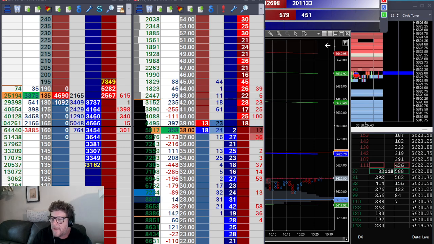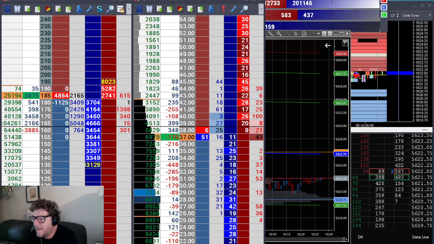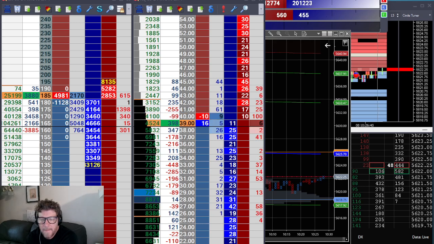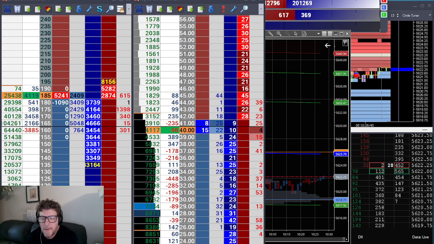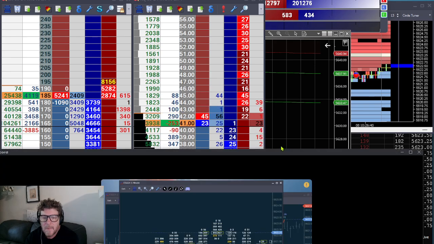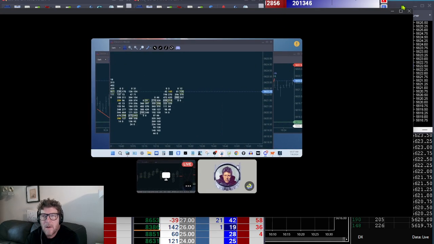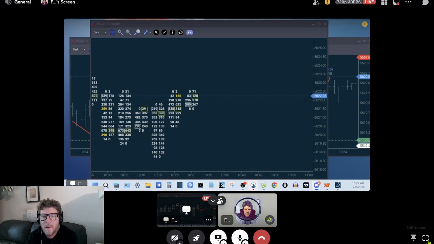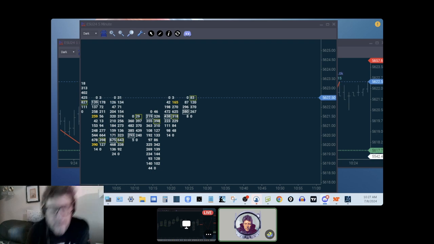I'm probably taxing this laptop to its limit here. Let's see if we can move that up. Maybe the screen. Cool. Okay, so this is the footprint chart.